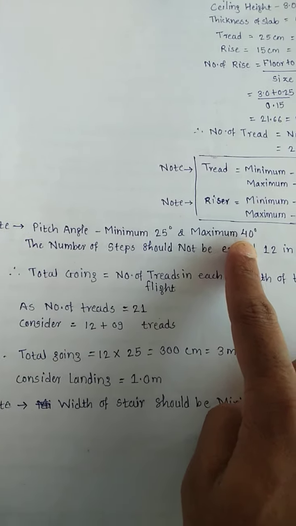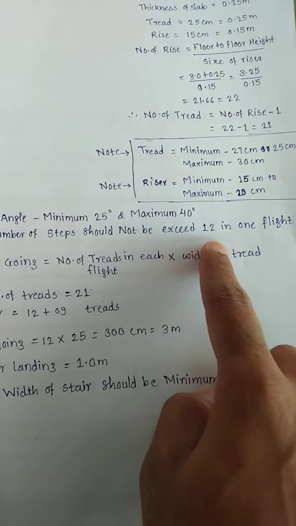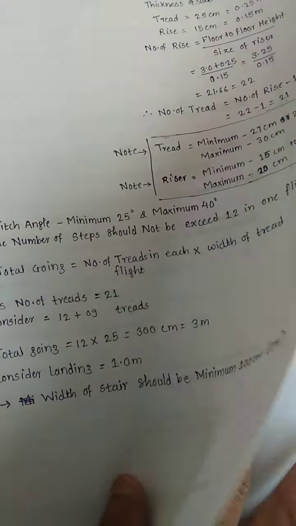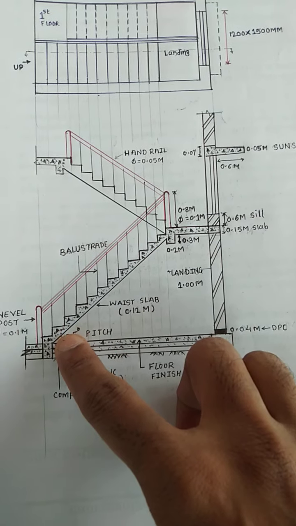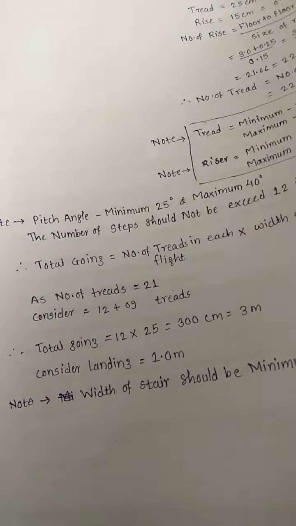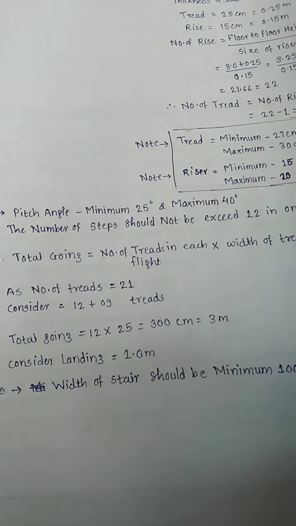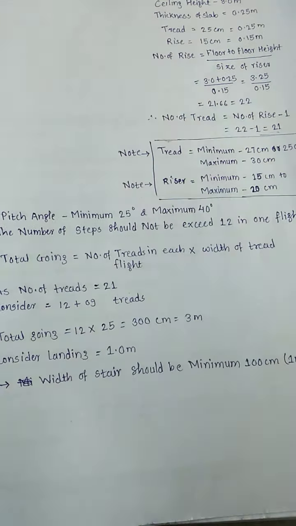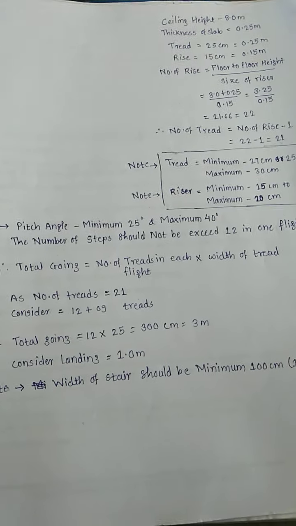Then the number of steps should not exceed 12 in one flight. So in one single flight you should take a maximum of 12 treads. It should not exceed 12 in one flight.